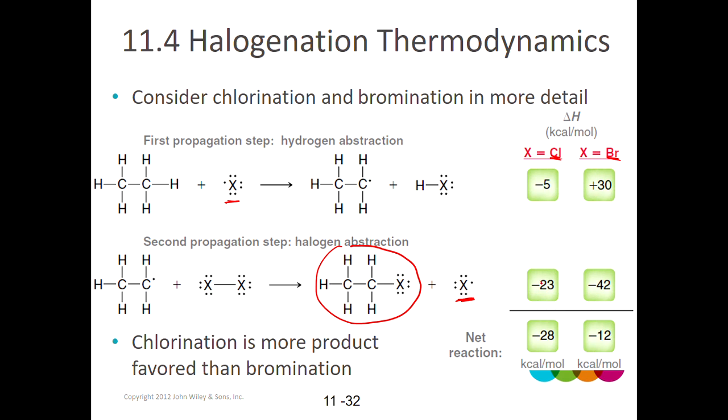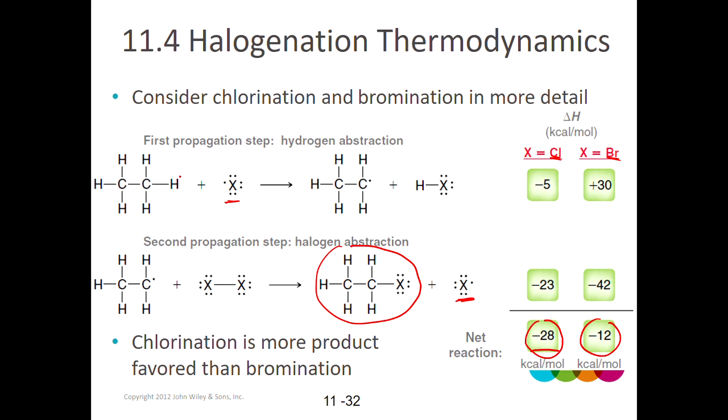If we look at the overall enthalpy change, which is going to be similar to the overall free energy change, they're both exothermic, which means they're both going to be exergonic or product favored. That's good. But the key thing we're really interested in synthetically is how do we control this?